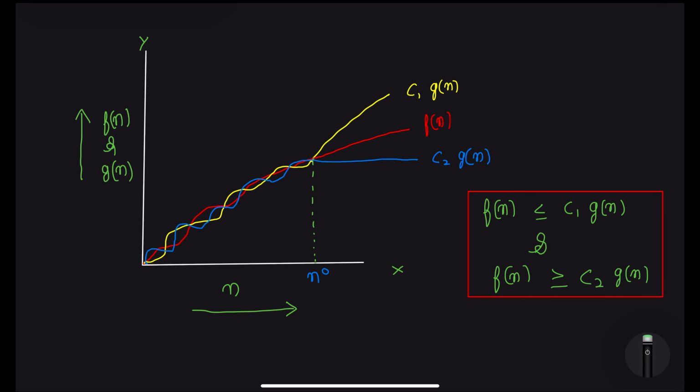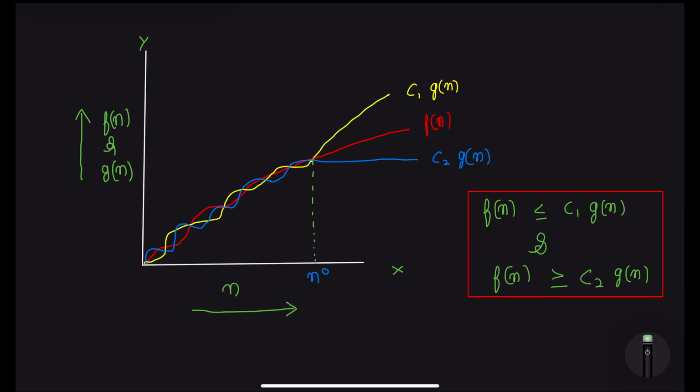then it meets a certain condition, which is f(n) should be smaller than or equal to c1 dot g(n). You can see here f(n) is always smaller than c1 of g(n), and this condition can be called big O. Next, f(n) should always be greater than c2 dot g(n).